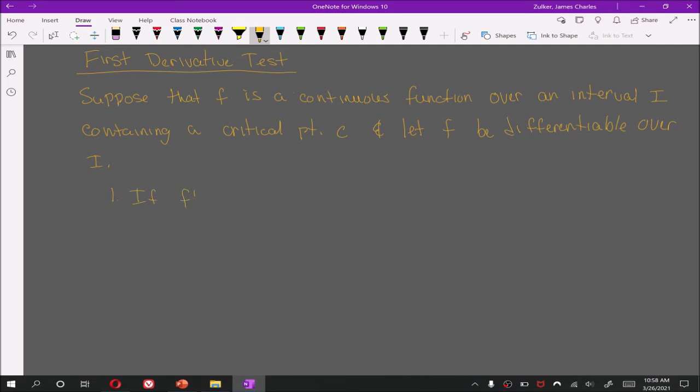If f prime changes sign from positive to negative at x equals c, then f of c is a relative max.